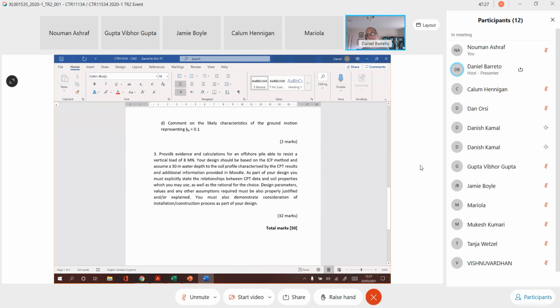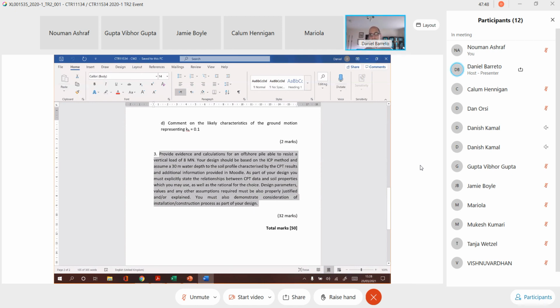And then the last one, which as you can see is simply the design of a pile with a load of 8,000 kilonewtons or 8 meganewtons, assuming that you have a water depth in the ocean of 30 meters from the water surface to the seabed.